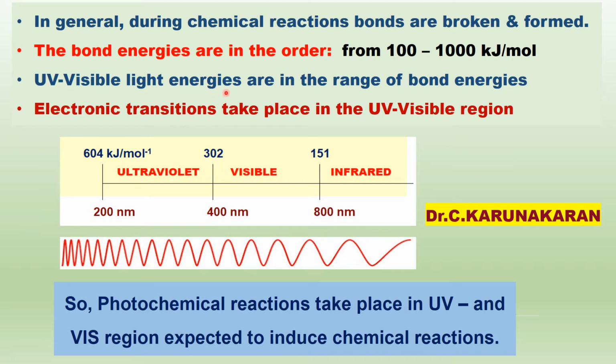So UV visible light energies are in the range of bond energies. During the absorption of UV visible light, electronic transitions take place. We'll study more. So photochemical reactions mostly take place in the UV visible region, which is expected to induce chemical reactions.